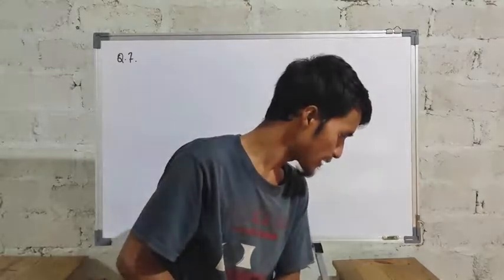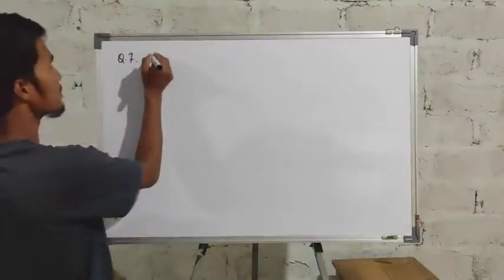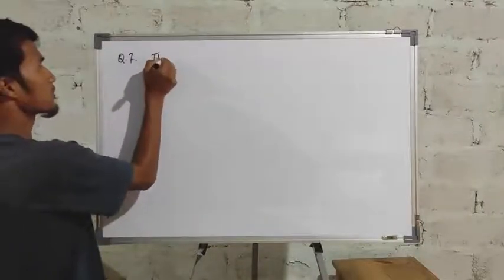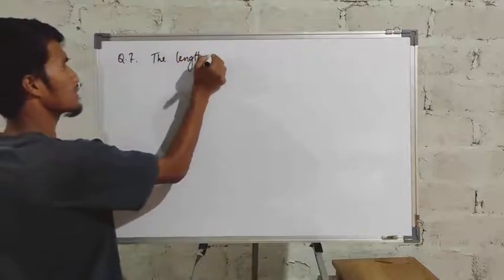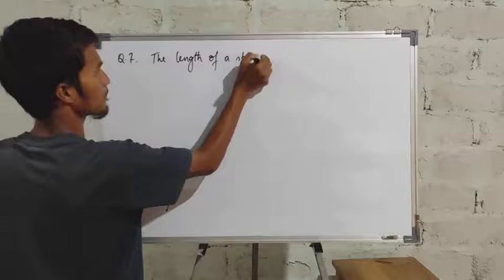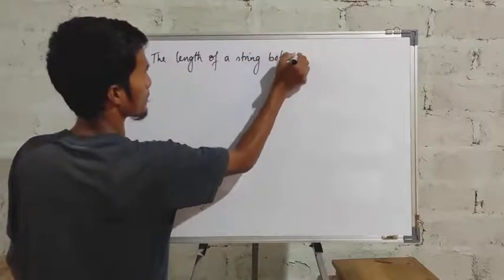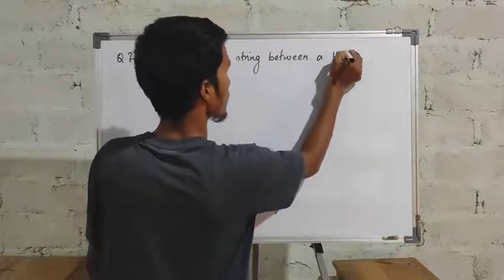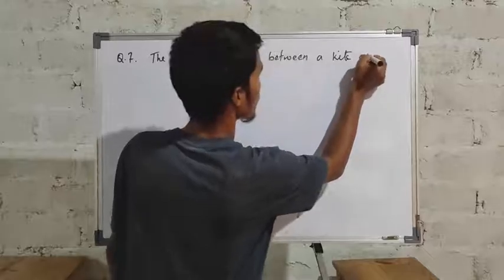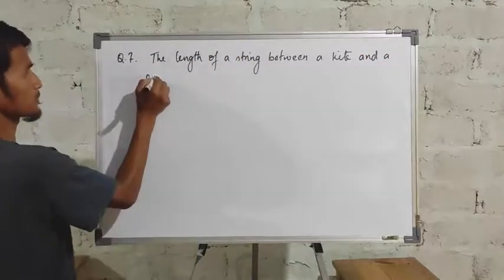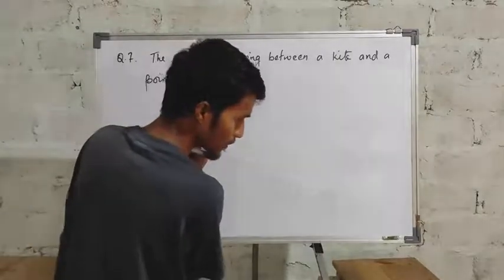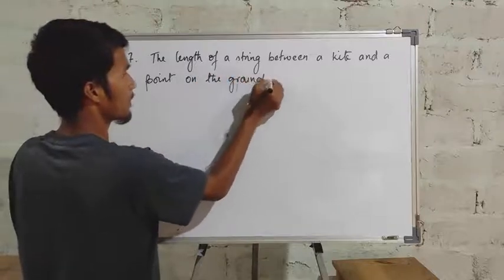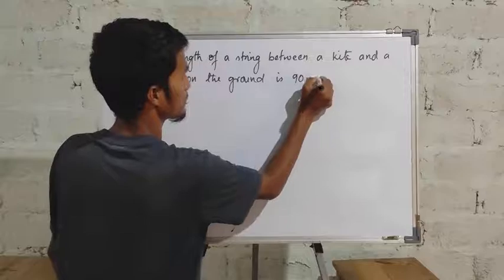Okay, the length of string between a kite and a point on the ground is 90 meters.